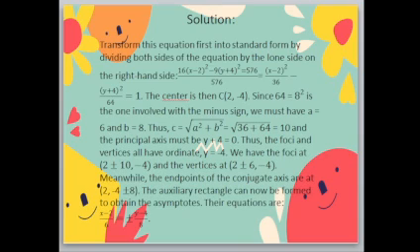So, mauna siya ang value sa A squared. And look at the denominator also of y plus 4 squared. That is 64. So, mauna siya ang B squared. And why our value of C is 10? Because the square root of 36 plus 64, which is 100, and that is 10.